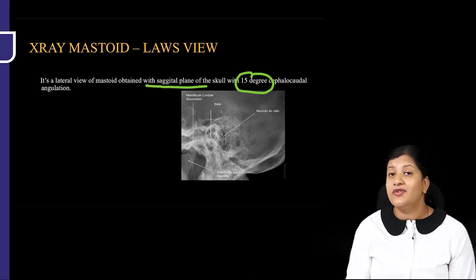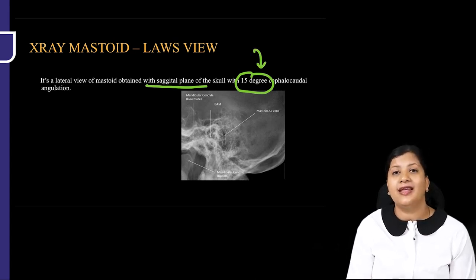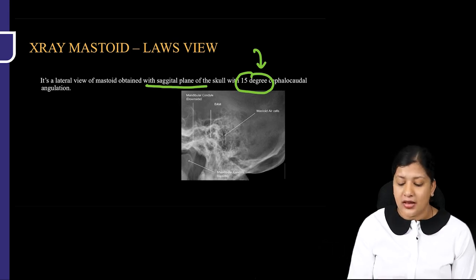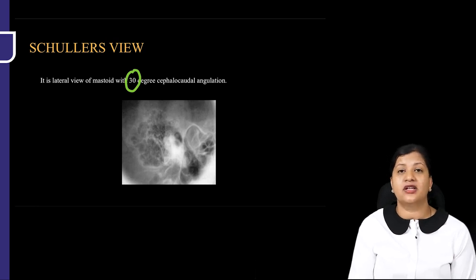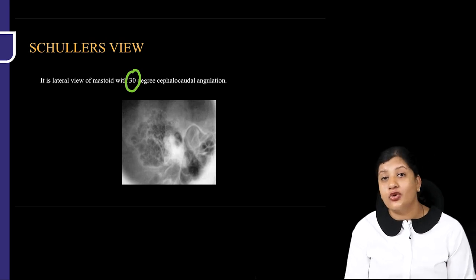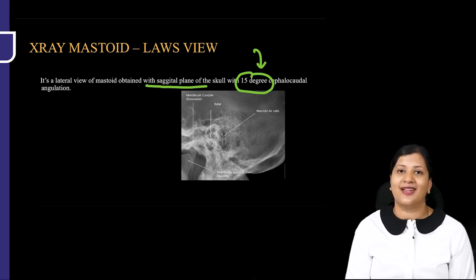So in Law's view, how much is the angulation? This is very important, 15 degrees, because if it changes to 30 degrees, the same lateral or sagittal view but with 30-degree angulation, then you call it Schuller's view. So if there is only 15-degree angulation, we call it Law's view, but a 30-degree angulation, we call it Schuller's view.